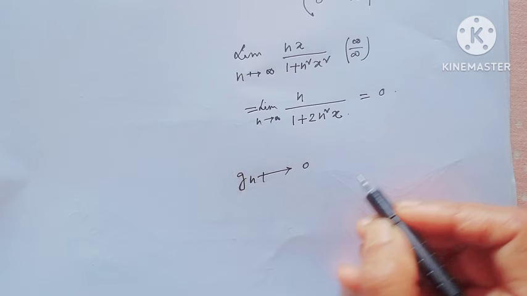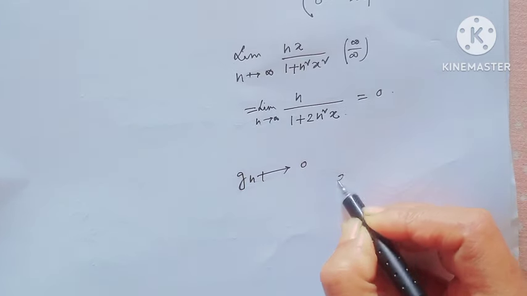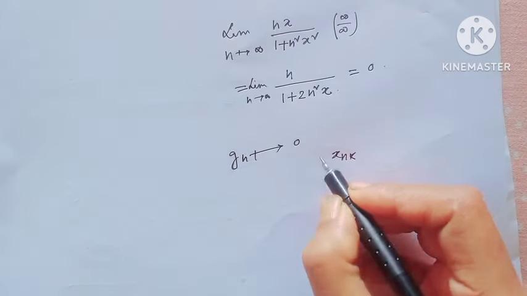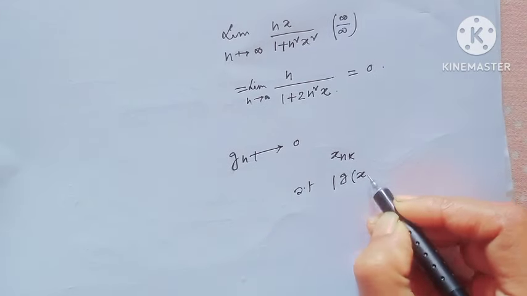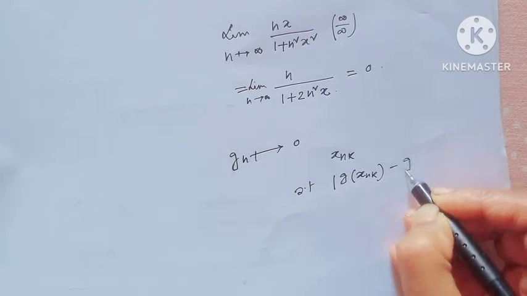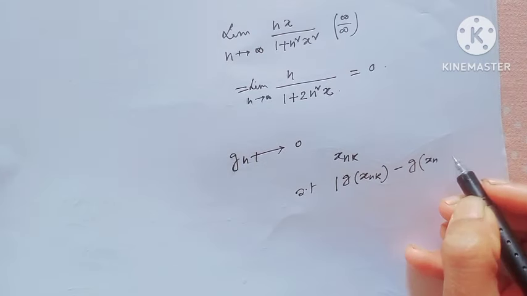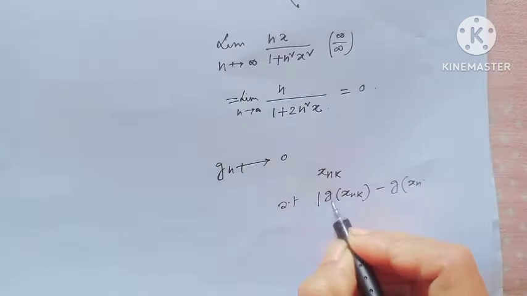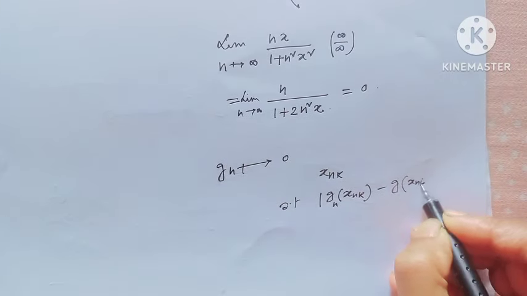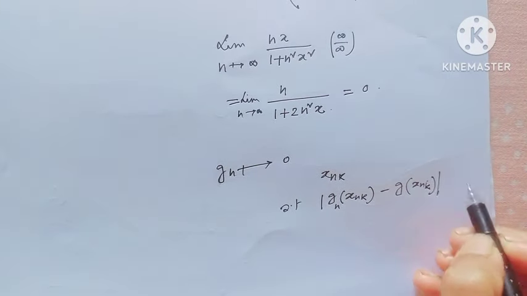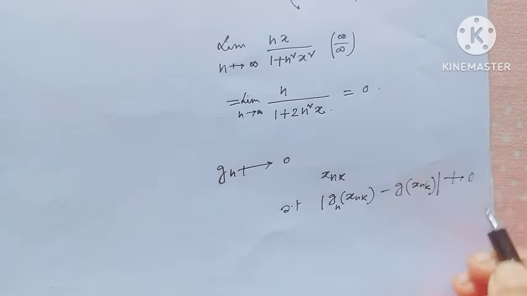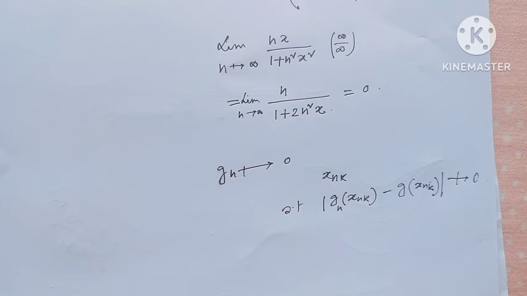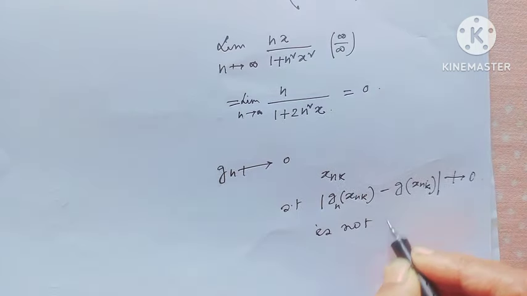We all know that if we find a sequence xn such that the absolute value of gn(xn) minus g(xn) does not go to 0, then we can tell this convergence is not uniform.